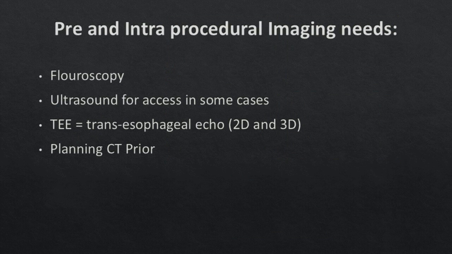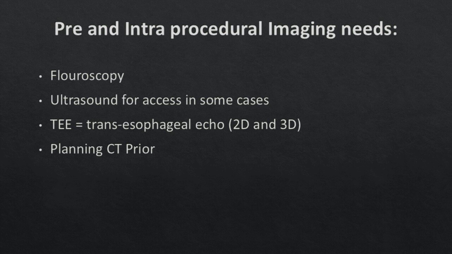There are several intra-procedural imaging needs during structural heart procedures. Fluoroscopic guidance is an absolute must. It is needed from the initial start of the procedure all the way until device deployment. Ultrasound is used in most cases for access.